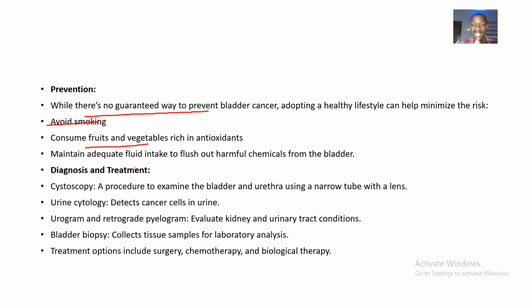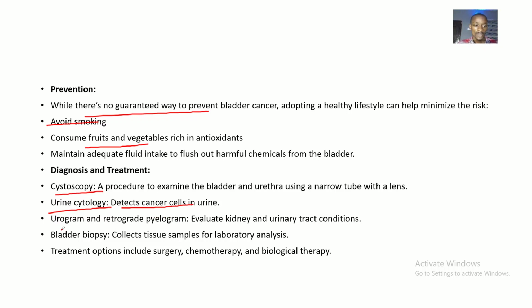So, diagnosis and treatment. We have cystoscopy, a procedure to examine the bladder and the urethra using narrow tubes with a lens. We have urine cytology, which detects cancer cells in the urine.